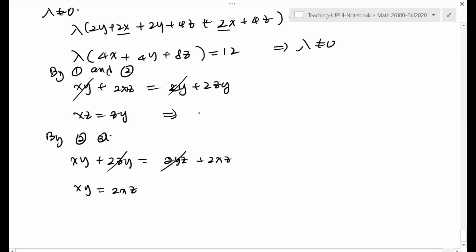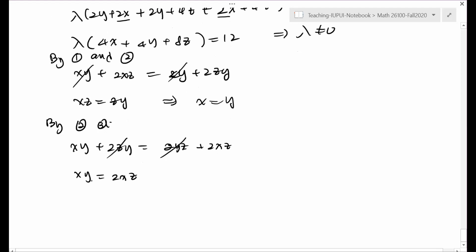That implies x equals y. And here, x is cancelled out, so y equals 2z. The volume is x times y times z, and x, y, z cannot be 0. That's why you can cancel z. Now you have x equals y equals 2z.